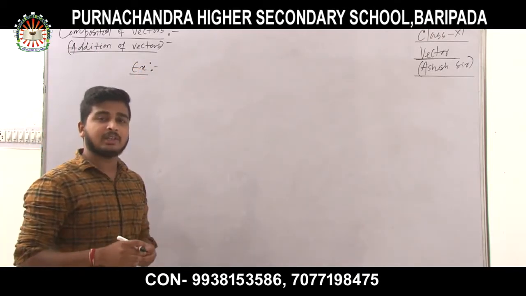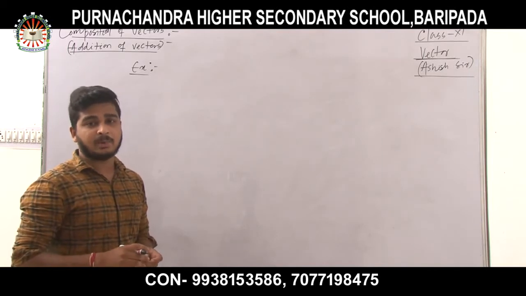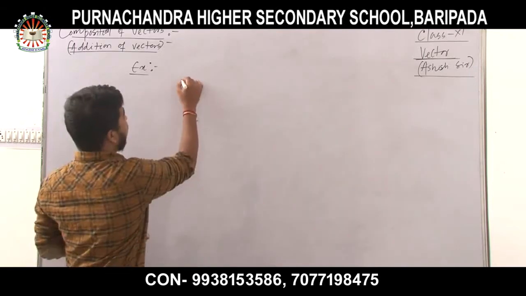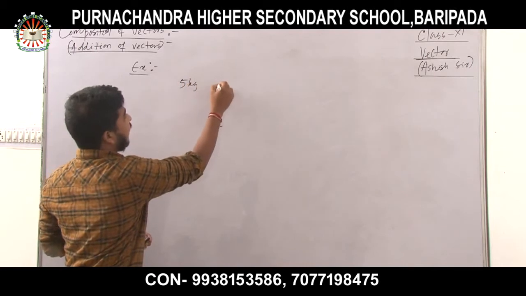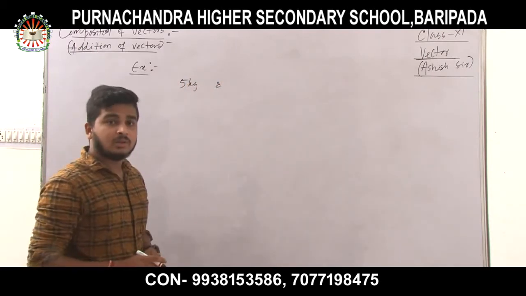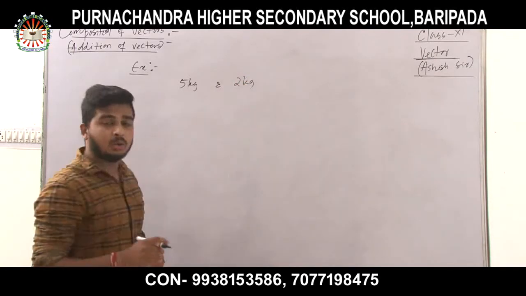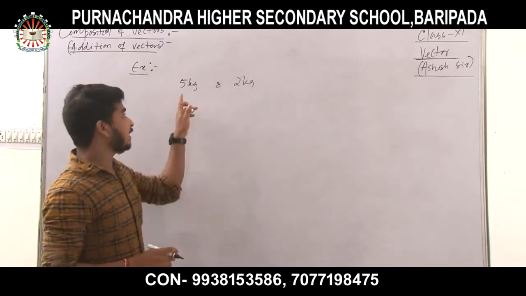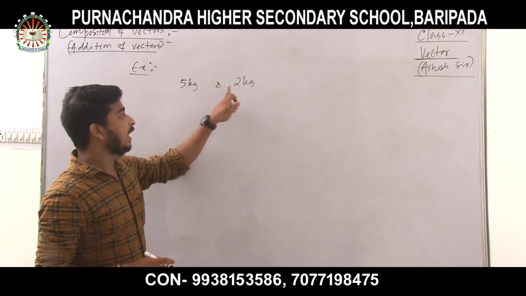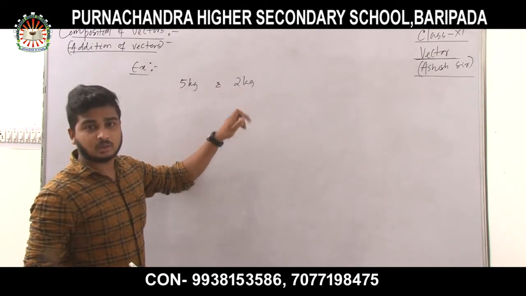Suppose I go to a shop and ask the shopkeeper, please give me 5 kg of rice and 2 kg of onion. Then the mass of rice is 5 kg and the mass of onion is 2 kg.